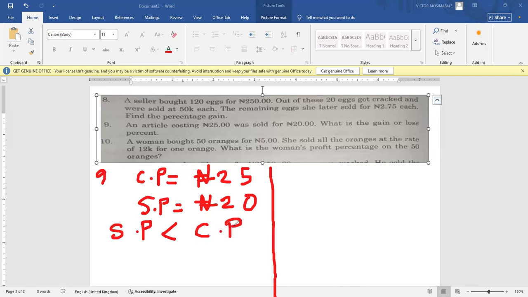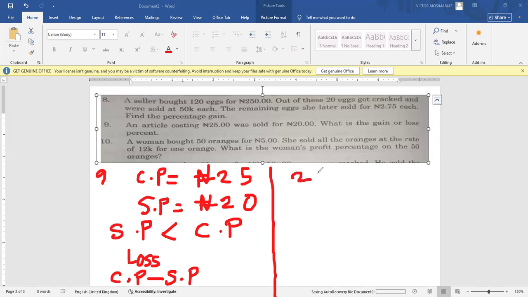Drop your pens and inspect this. 20 is less than 25. And of course, the selling price is less than the cost price. So that is a loss. That's the condition for a loss. So what that means in essence is that the formula for loss is CP minus SP.